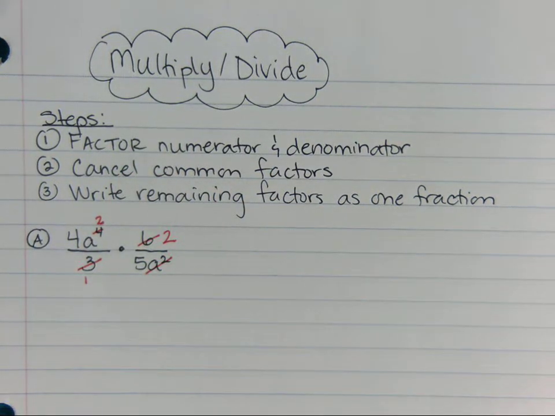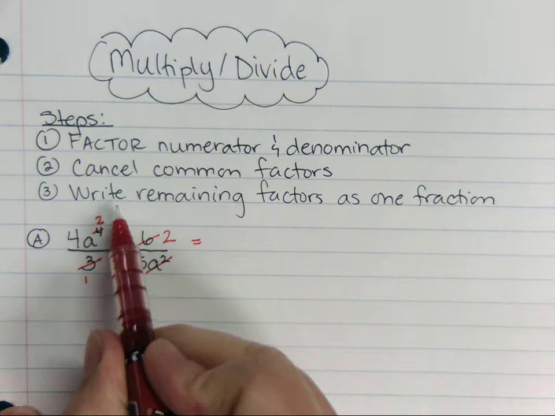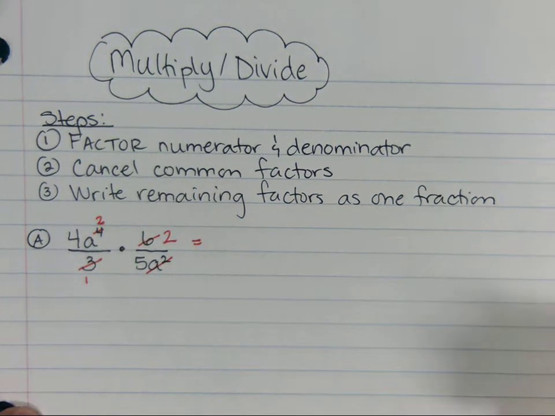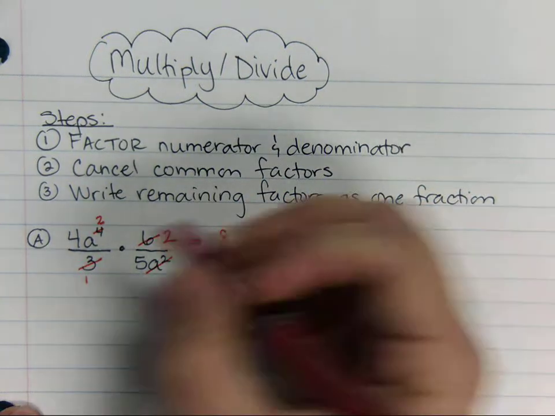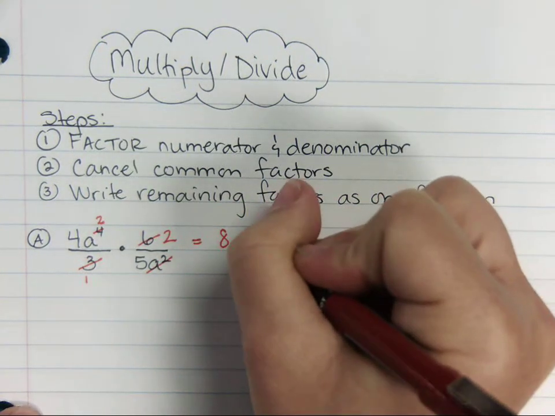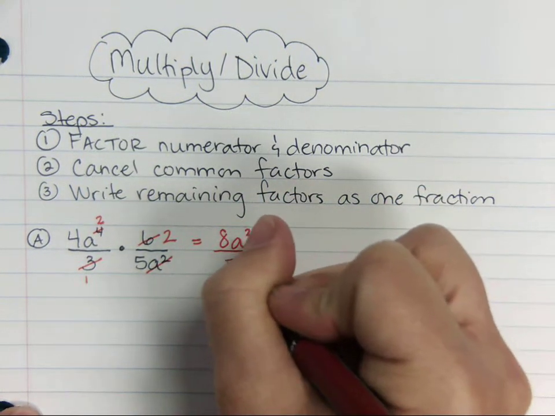I can't do anything else with that. The 2 and the 4 that are up top have to stay there. So the only thing I have left is to write my remaining factors as a fraction. In the top, 4 times 2 is 8, and then I have a squared. And in the bottom, I'm just left with that 5.